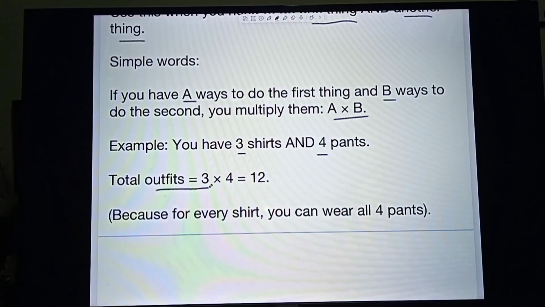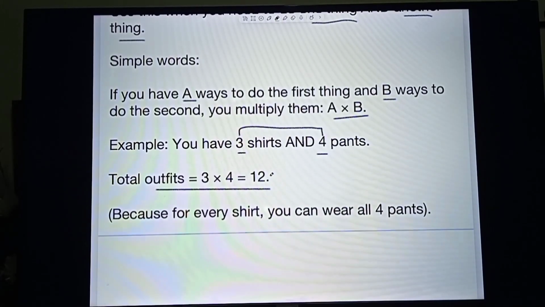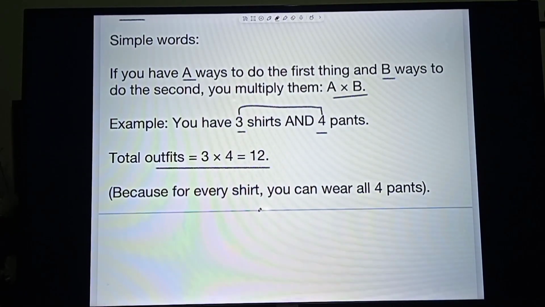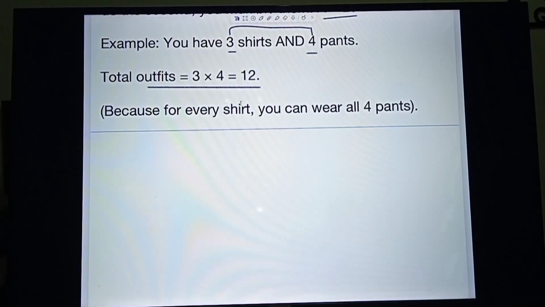So the total number of ways of wearing these 3 shirts and 4 pants is 3 cross 4, which is equal to 12, because for every shirt you can wear all pants. This can be explained using a tree diagram, to check how many possibilities you can obtain.